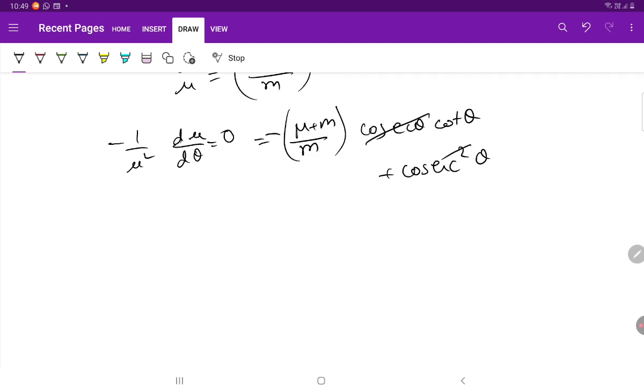Dividing both sides by cosec theta and multiplying with sine theta, I will get cos theta here, and here I will get 1. So cos theta will be small m by (M plus m). This is my result.